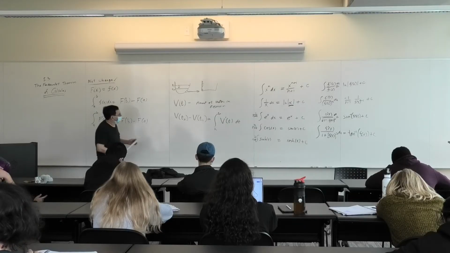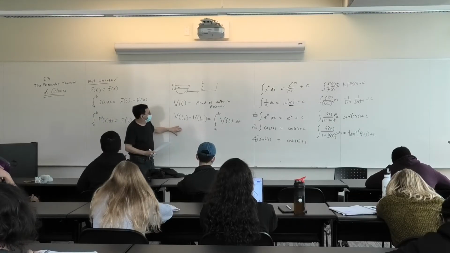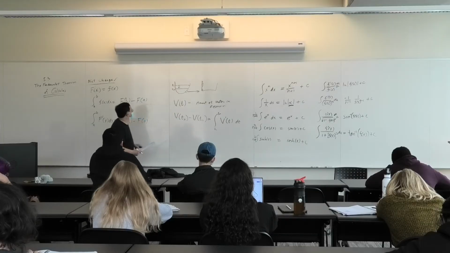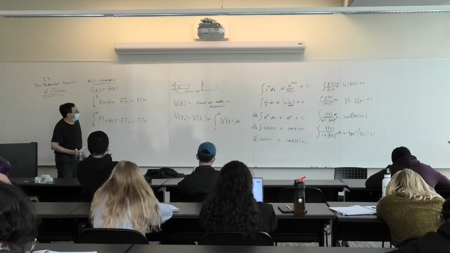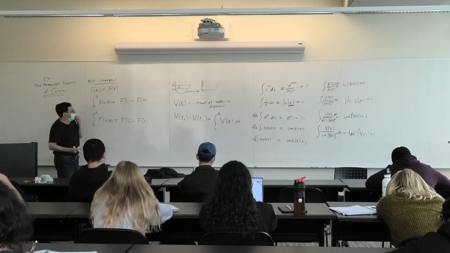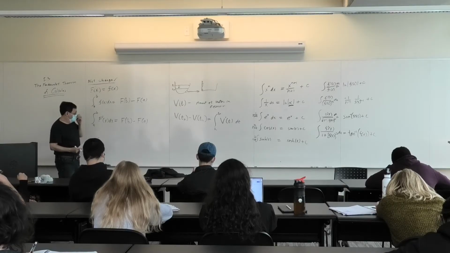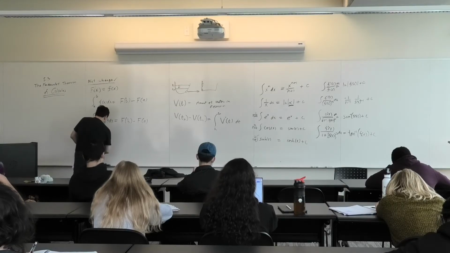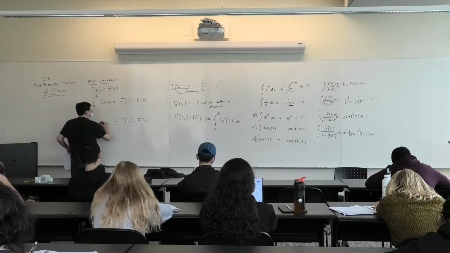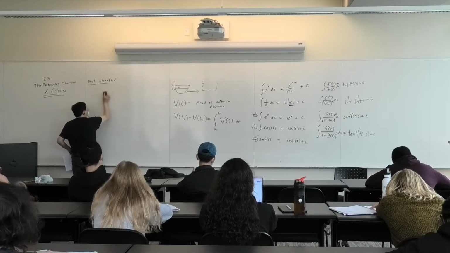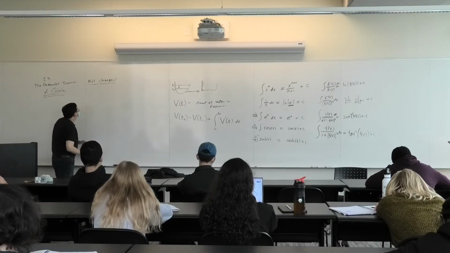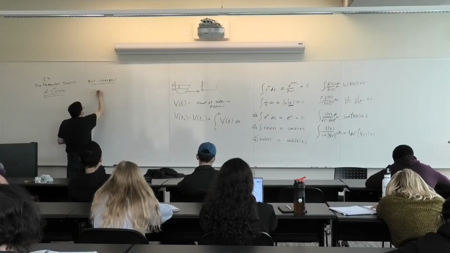So that's how you look at this net change theorem. There are other examples. The obvious one is one we talked about a lot in class. You're driving along in a car.